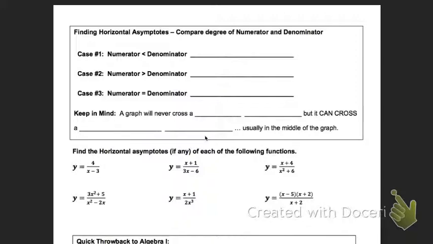Okay, so if the numerator is less than the denominator, meaning it is bigger on bottom, we say that the horizontal asymptote equals 0. Or I'm going to say horizontal asymptote at y equals 0 because we need to get in the habit of saying y equals.